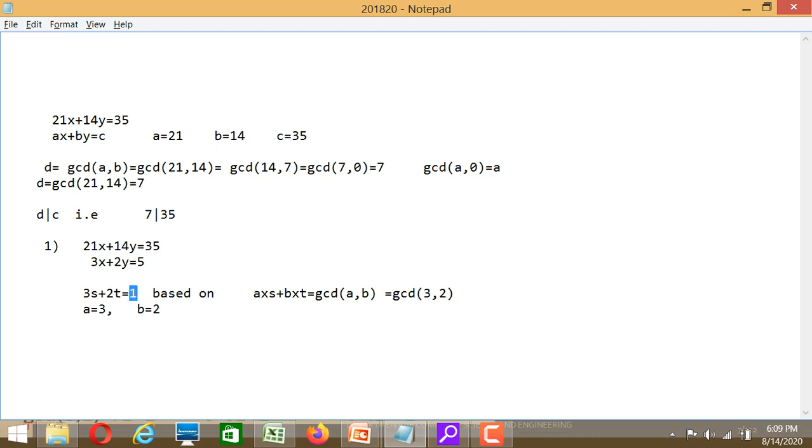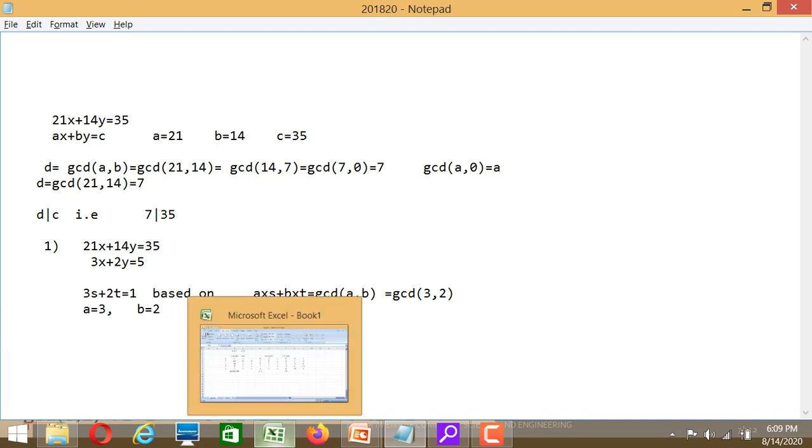How are we getting this one? The GCD of 3 comma 2 and the S and T values are calculated by using the extended Euclidean algorithm. For that purpose, go to here.